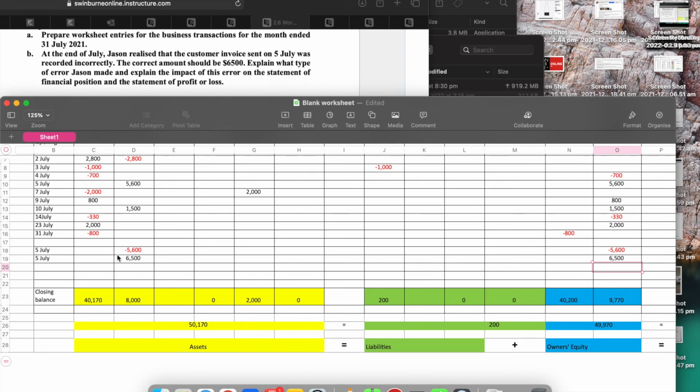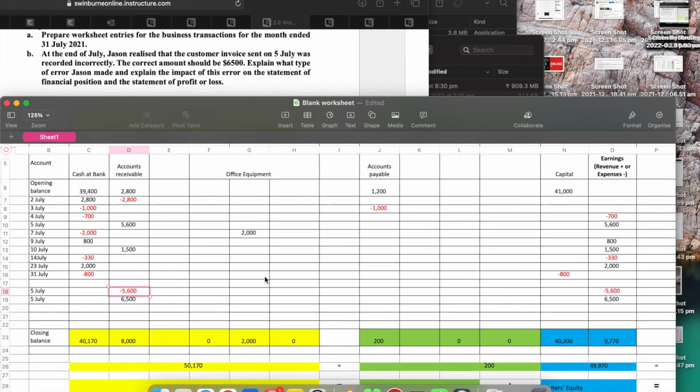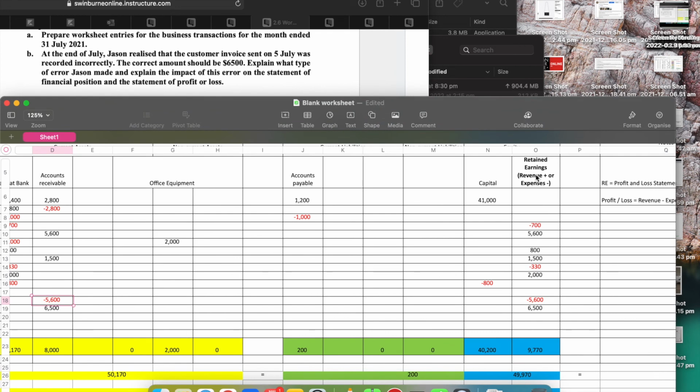It would just mean that it's incorrectly recorded our accounts receivable and also our retained earnings. What would it show on our retained earnings if we didn't do this adjustment? Basically, we're under-recording revenue by $900. We have a reduction in the revenue recorded, okay?